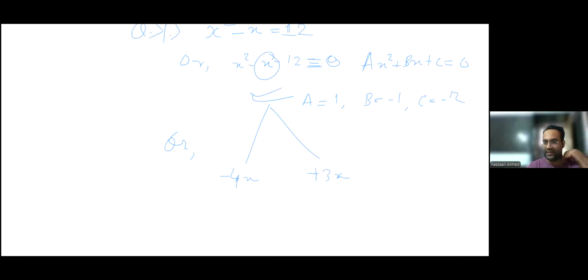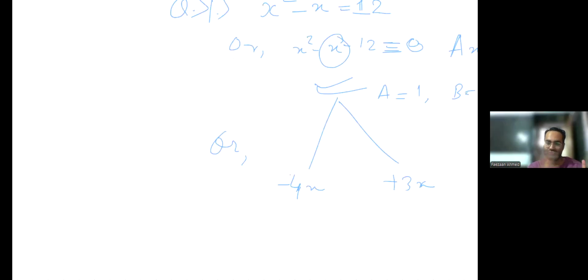I have split them into two parts: the minus 4x part and the plus 3x part. Are they apples and oranges? They both are apples, because they are x to the power 1, they're like terms. So we can actually add them. Now what happens if you add them? If you add minus 4x and plus 3x, you get the same minus x. Now why did I choose minus 4 and plus 3?